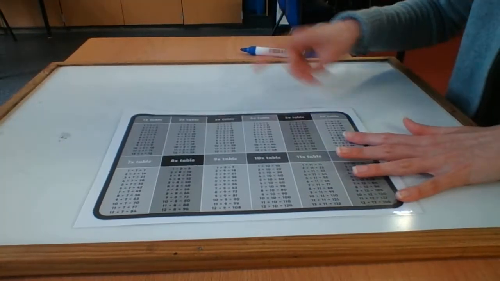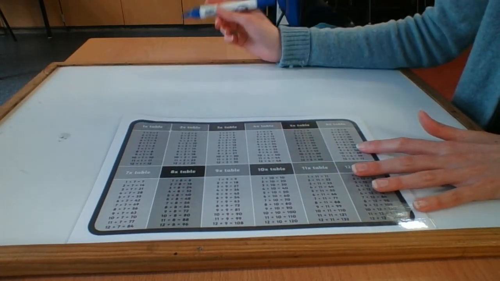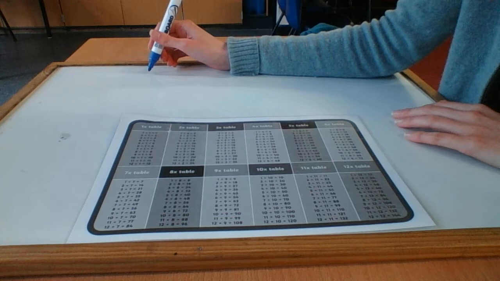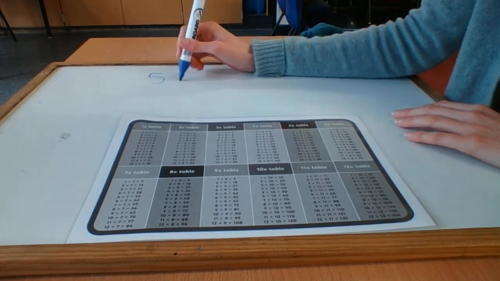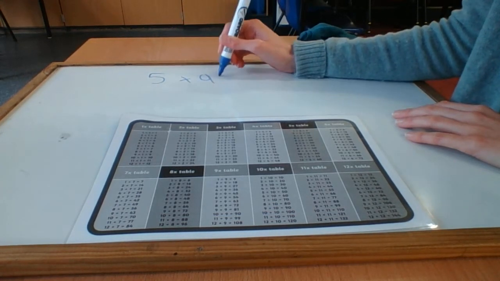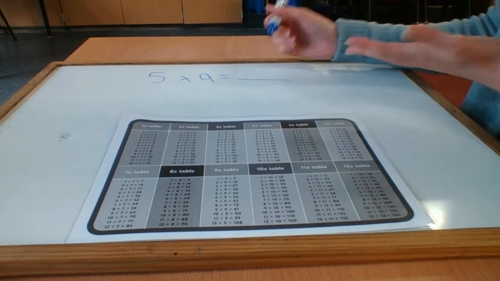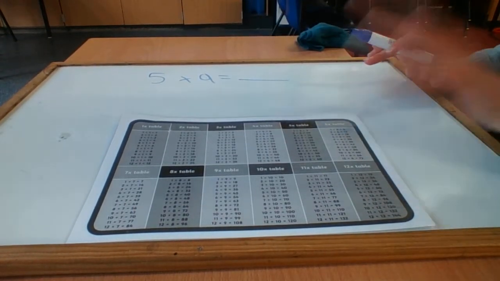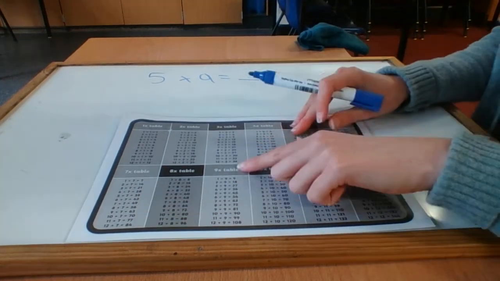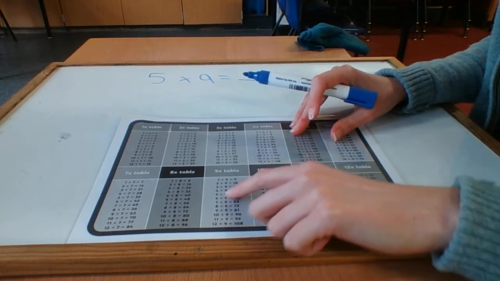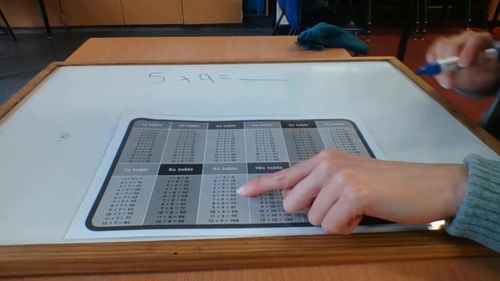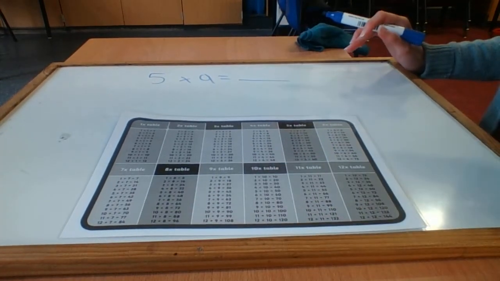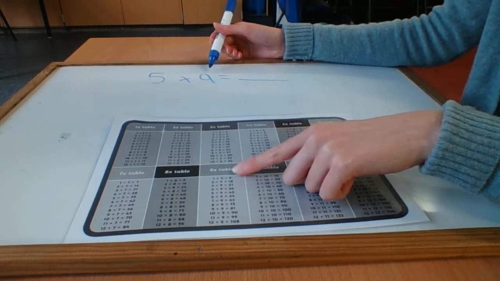If I've got a question that says, let's do 5 times 9 equals something, and you don't know that something. You go, okay, so with a multiplication grid, 9 times table, where is it? 5 times 9 is 45. Great. It might be that you didn't look in the 9 times table.